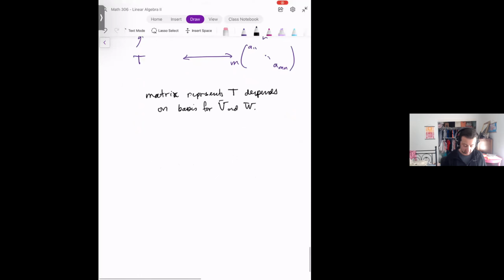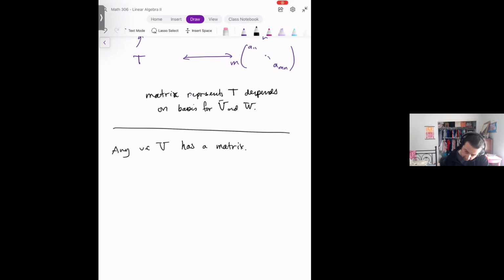All right, last big idea here. And this is a huge one. So if we make the following designation here, this shouldn't be surprising to you. I can take a vector in a vector space, and I can think of that as a matrix. So any v in a vector space V has a matrix. And the way that you get it is like this.